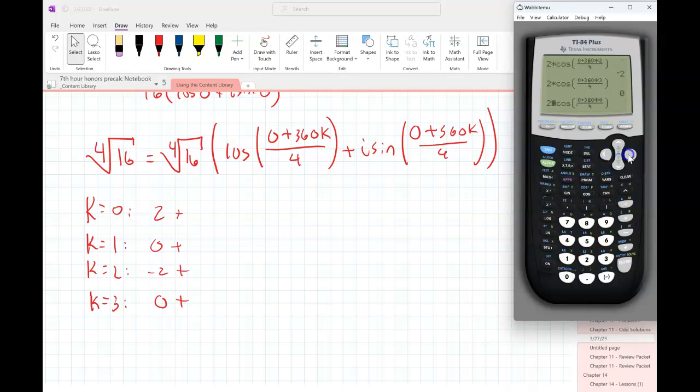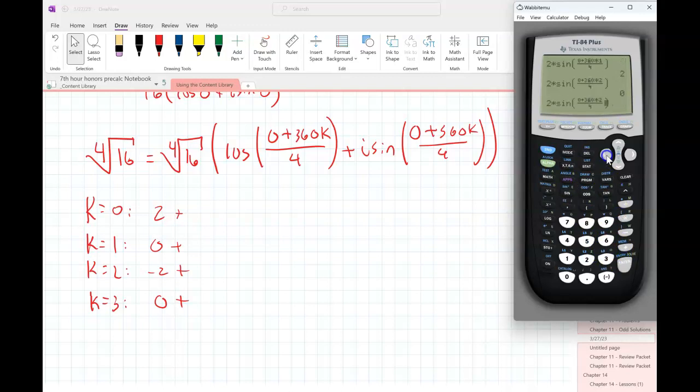And we just need to do the imaginary part, so I'll just update that to be 2 times sine of 0 plus 360 times 0 over 4. So I get 0. And then I'll update that 0 to a 1. Get a 2. And then my 1 to a 2. That's a 0.